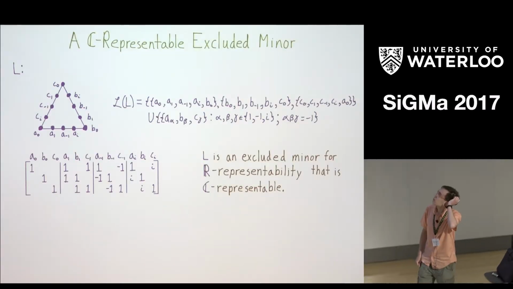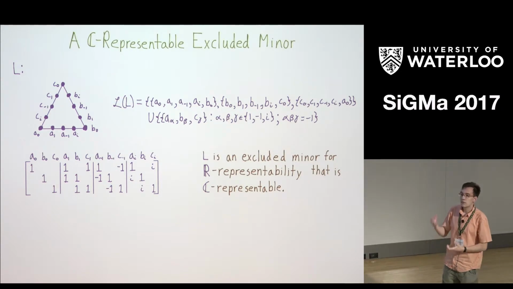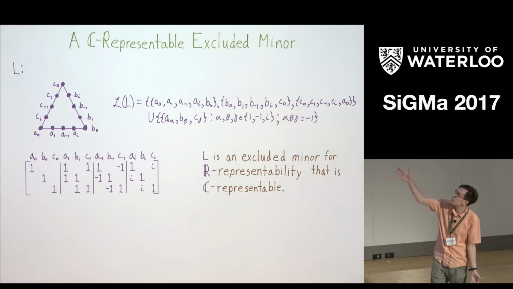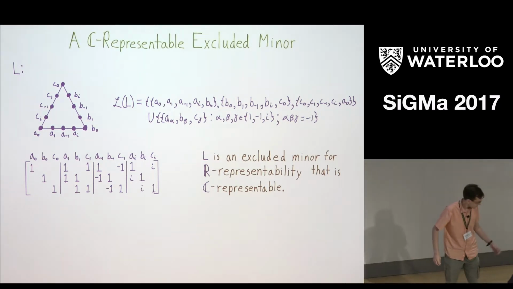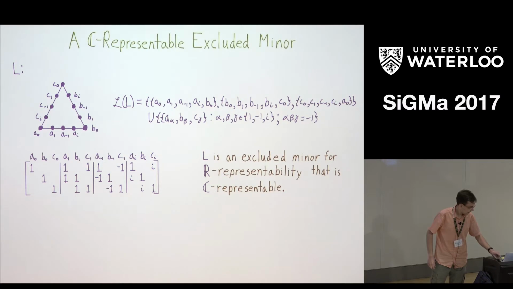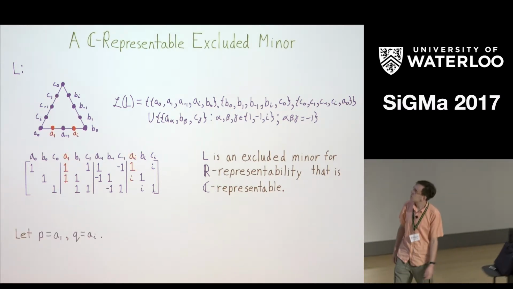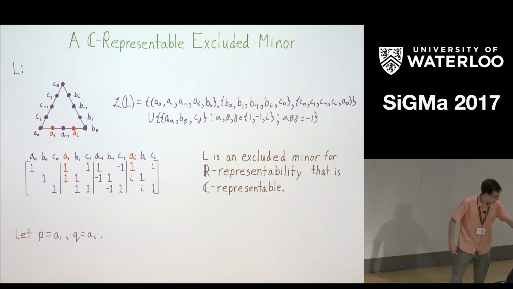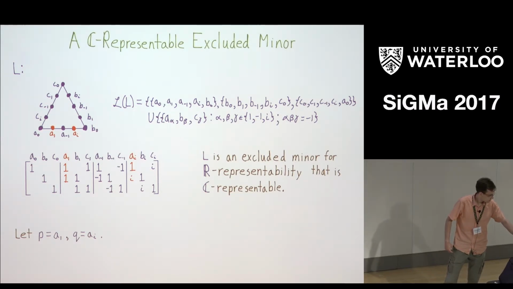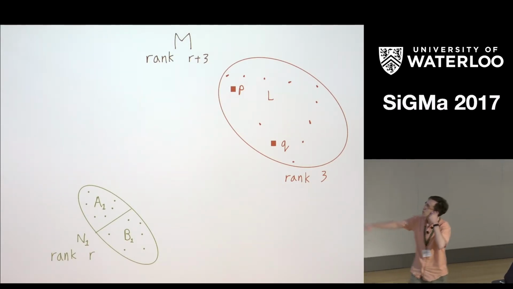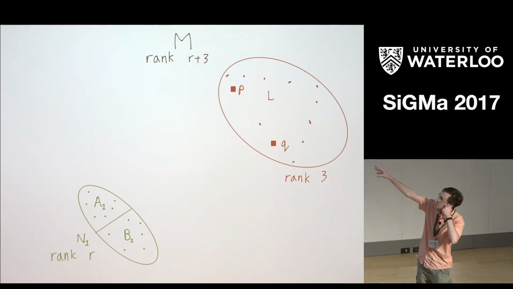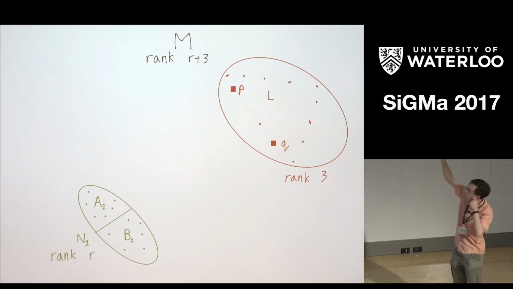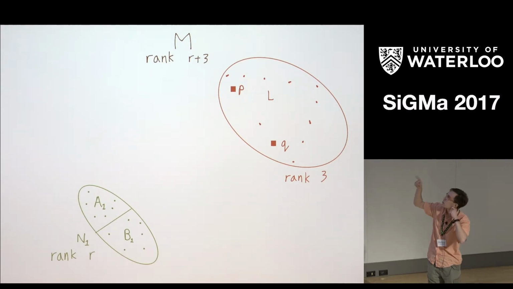As the other ingredient in the construction, we'll need an excluded minor we already know to be complex representable, and I'm just taking this rank 3 frame matroid. We also need two distinguished points in this matroid, P and Q. So with these two ingredients, we have N1, which is our decorated original matroid, and L, our known complex representable excluded minor.